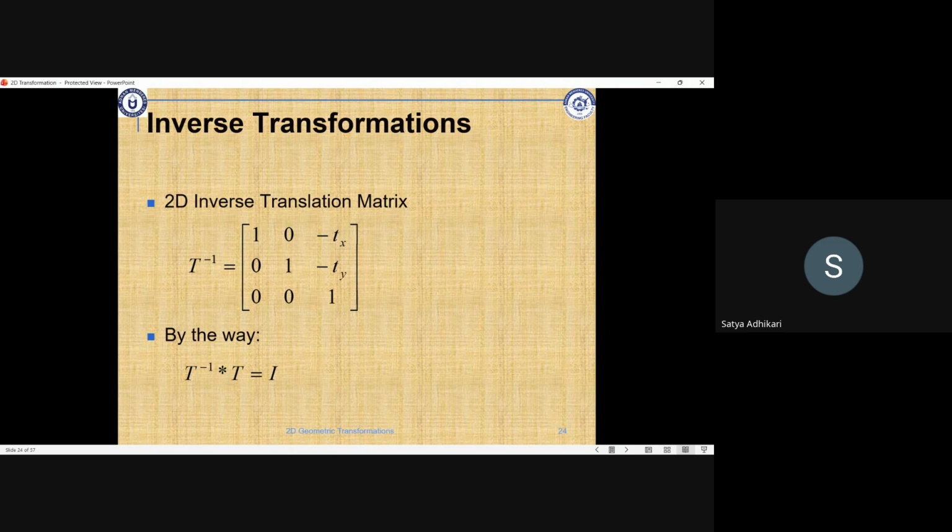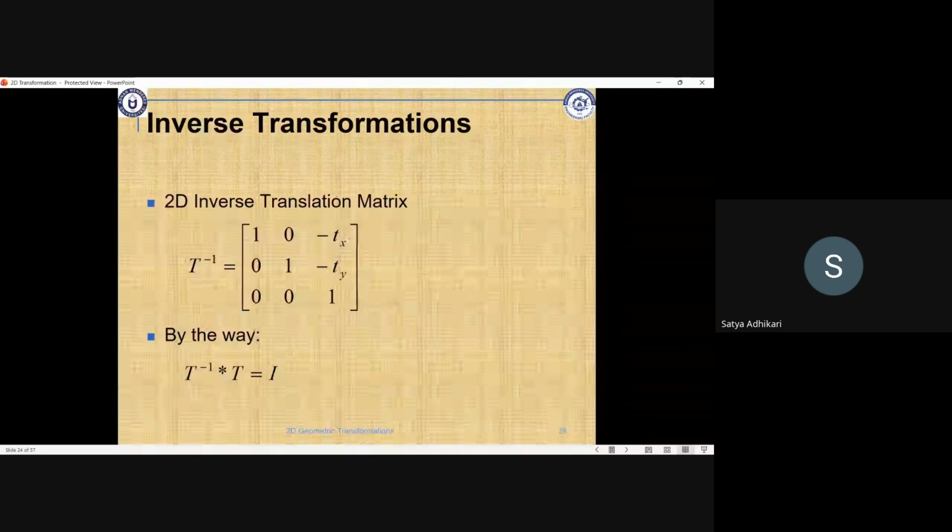You know that translation is used to change the location of an object. Suppose you want to get back the position of that object. So you use the inverse translation matrix, where T inverse equal to 1 0 minus Tx, 0 1 minus Ty, and 0 0 1.